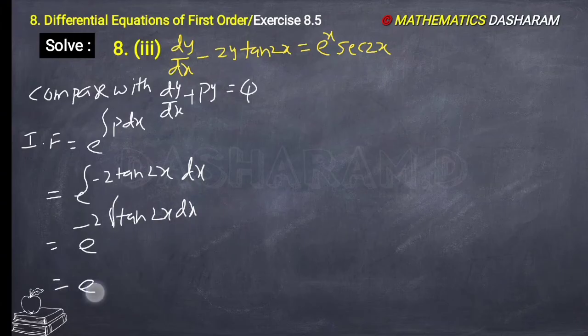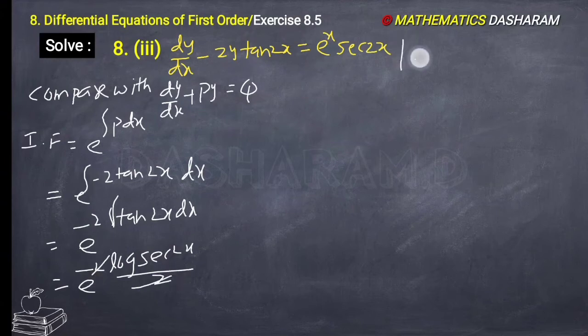So e to the power of minus 2 times log sec 2x divided by 2, and here the 2s cancel. So e to the power of minus log sec 2x is the integrating factor.